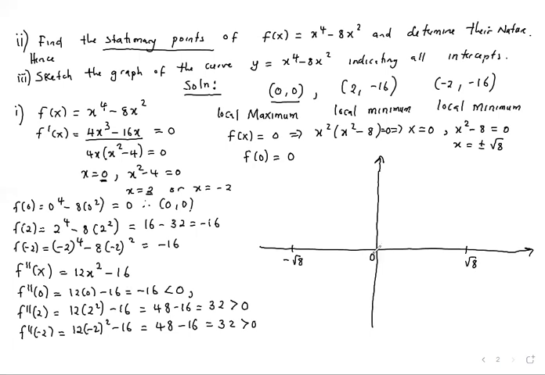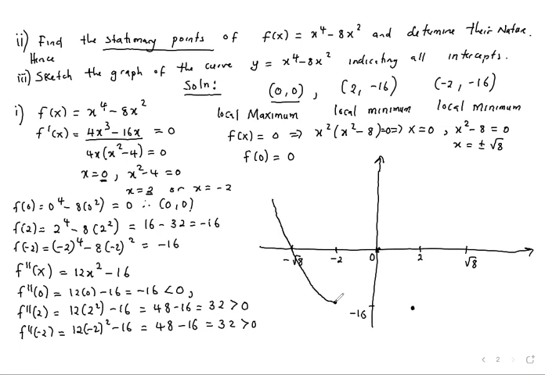The turning point, 0, 0 is a local maximum. And then 2, negative 16, and negative 2, negative 16, are the minimum points. So the curve is coming like this.